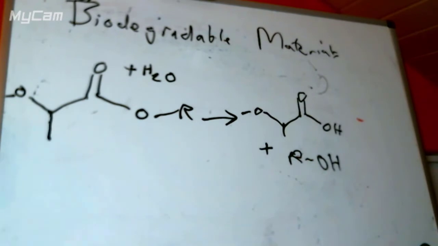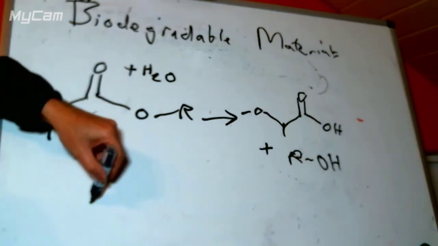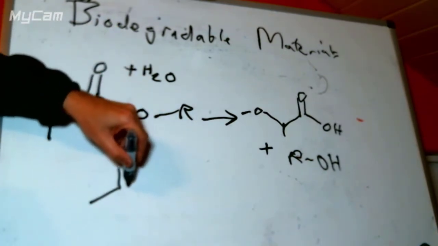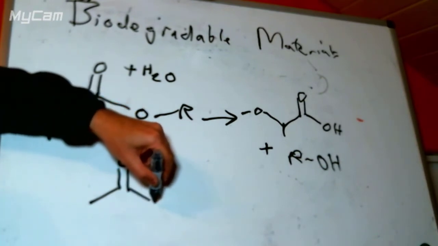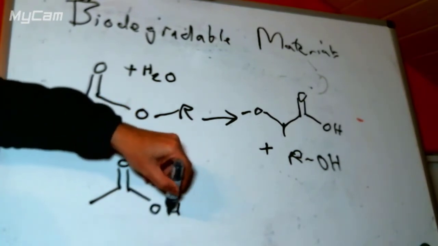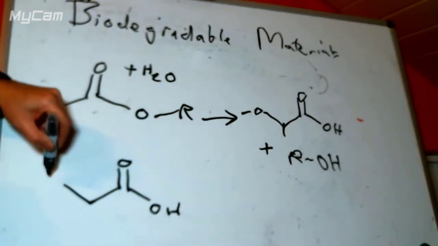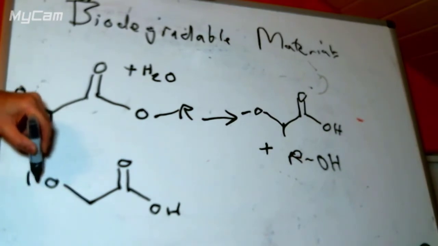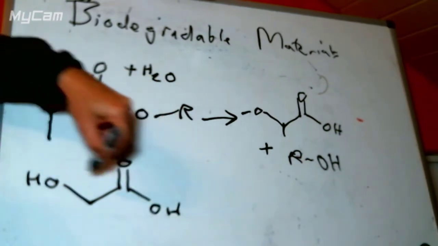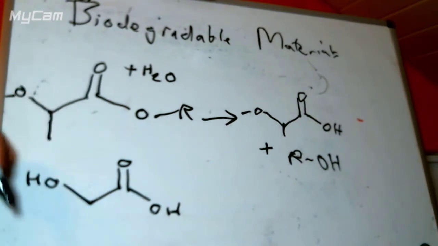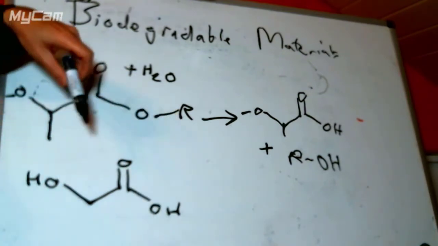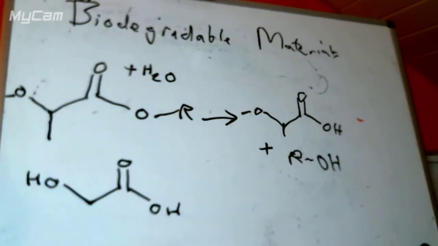If it's making polylactic acid, the alcohol and the acid are on the same chemical, so we would have OH like that, and then on the other end we've got an OH here. So this part is the acid group, and this part is the alcohol group, and the neighbouring molecules connect to each other and form the polymer.